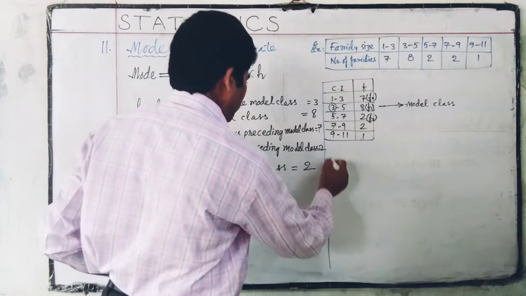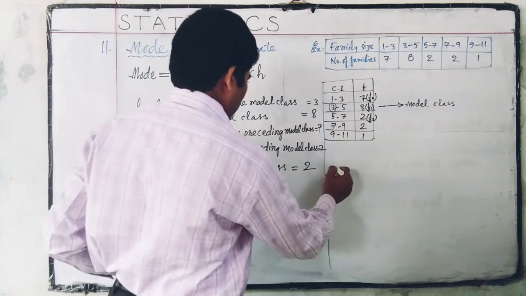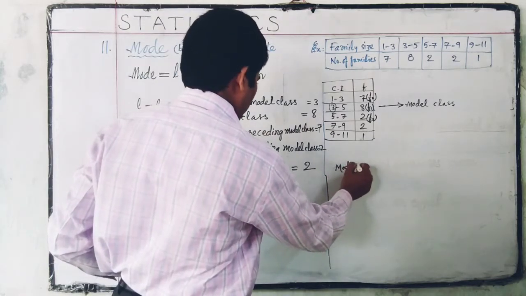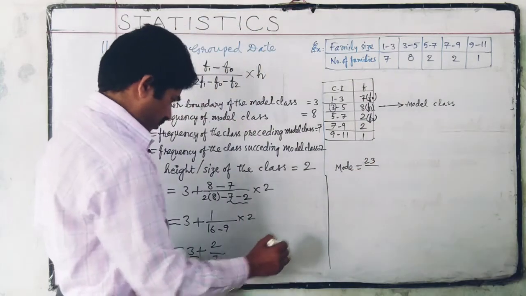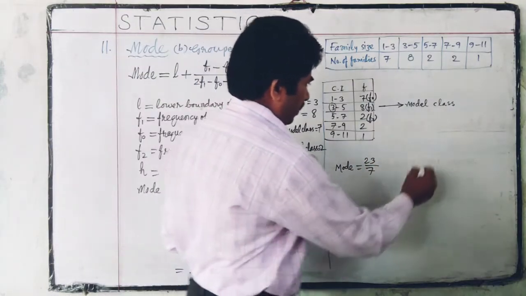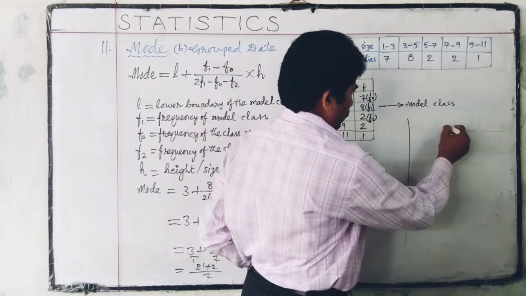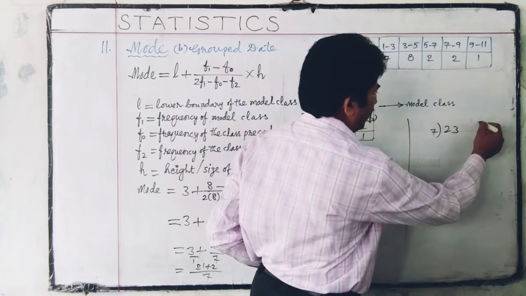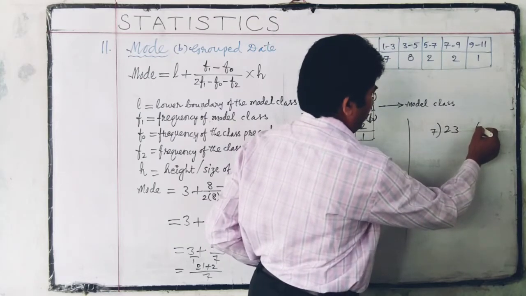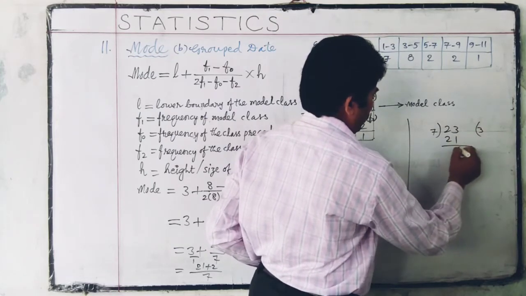We can continue this here. Mode is equal to 23 by 7. We have to divide here. 23, 7 times 3 is 21, 2.